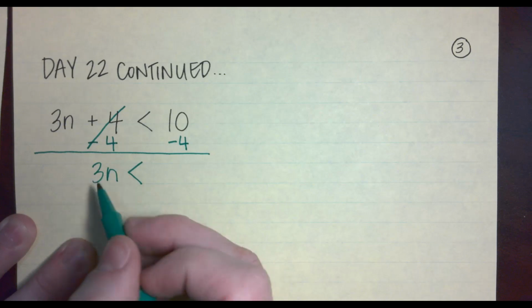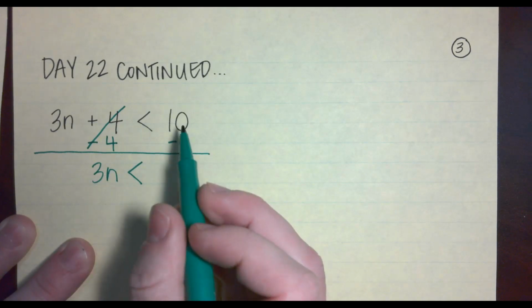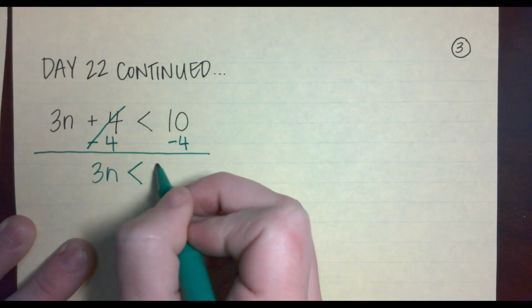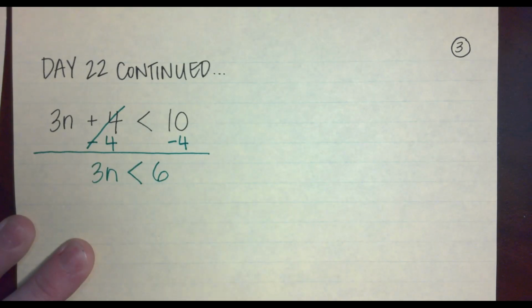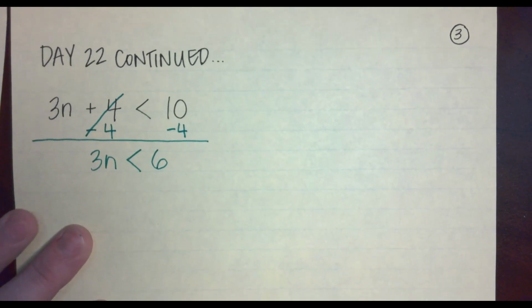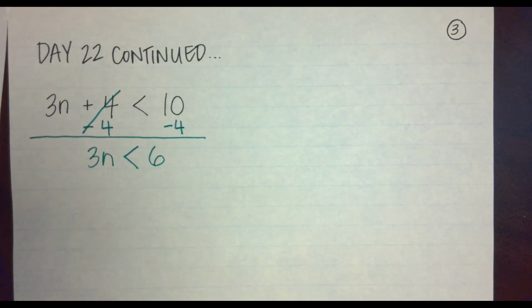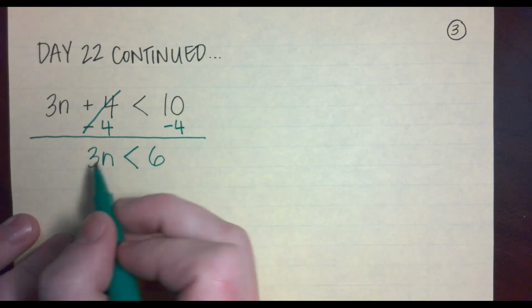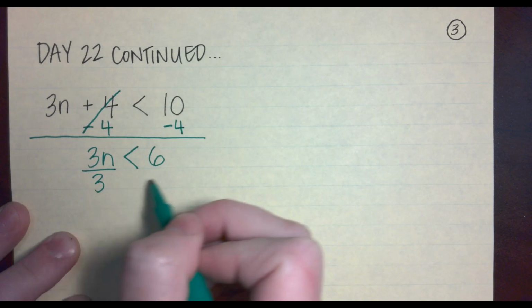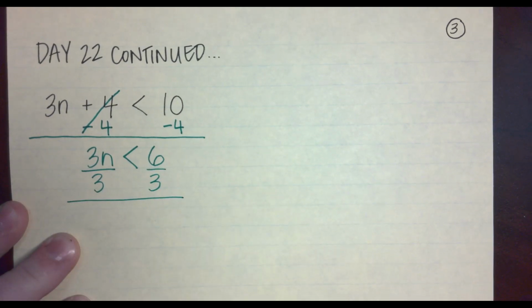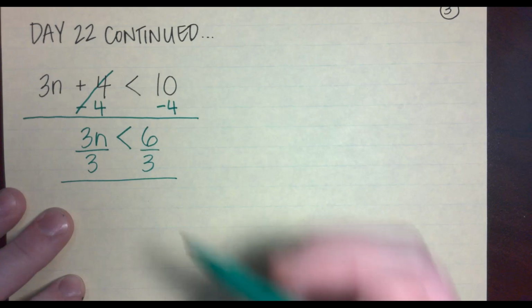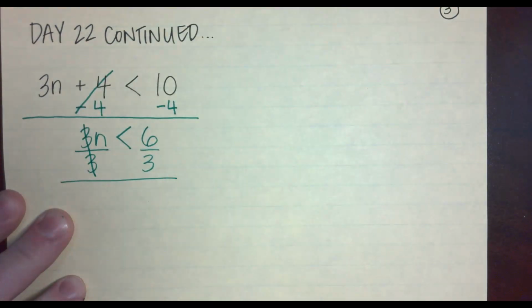So we have 3n is less than, what's 10 minus 4? 6. Good. Now we have a whole new inequality. I've got 3 times n is less than 6. What should I do now? Divide by 3. Good. On both sides. What happens next? My 3's cancel.